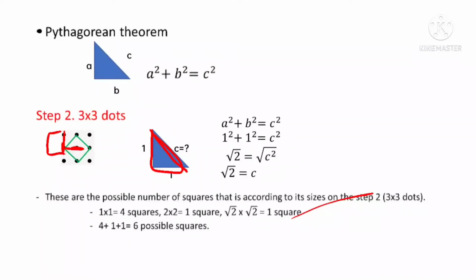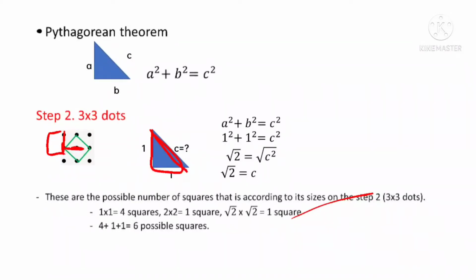So, para matanggal yung squared, i-squared natin siya. 1 squared plus 1 squared is 2, is equal to C squared. Square natin siya both side para makancel C squared. So, natira na lang C is equal to square root of 2.